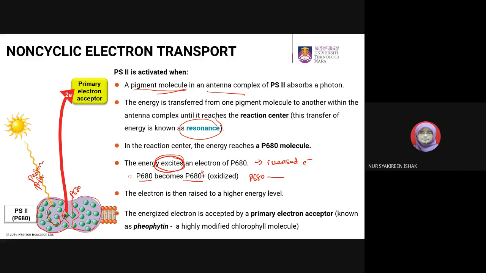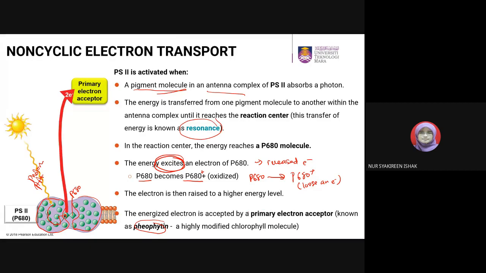P680 becomes oxidized, which is it becomes P680 plus. So maksudnya dia dah lose an electron. Okay, so the electron then rises to a higher energy level. The energized electron is accepted by a primary electron acceptor, which is known as pheophytin, a highly modified chlorophyll molecule.